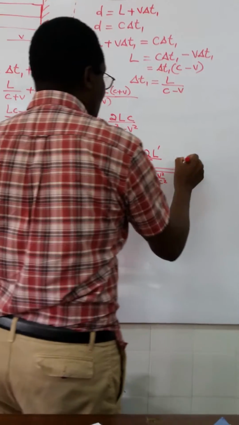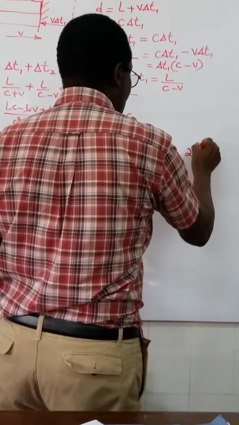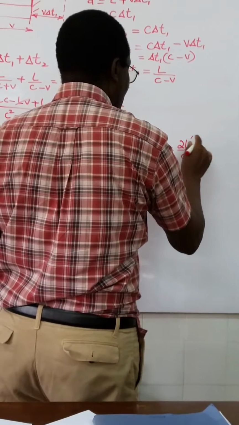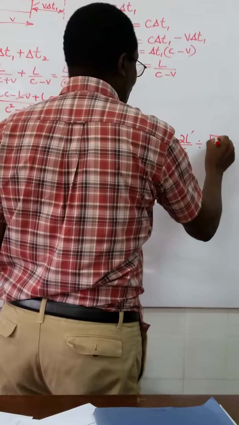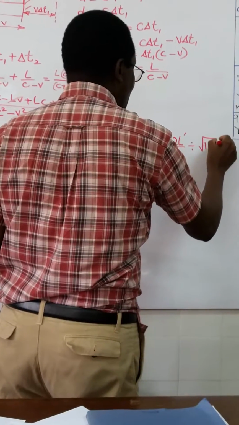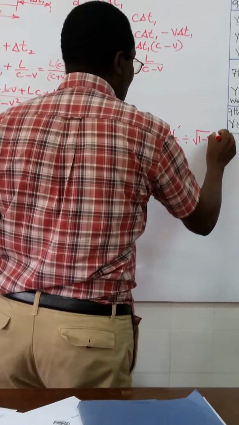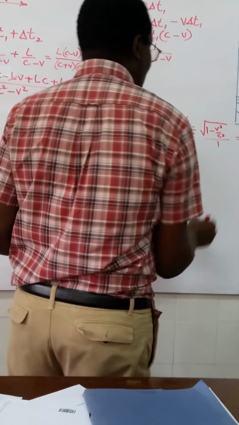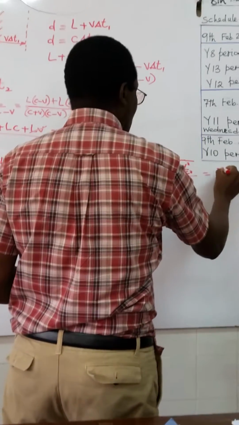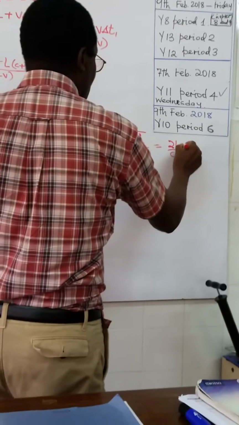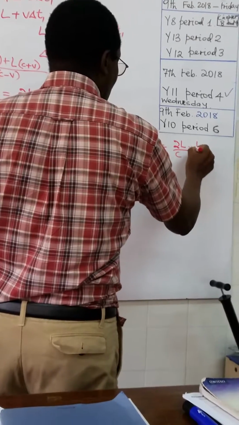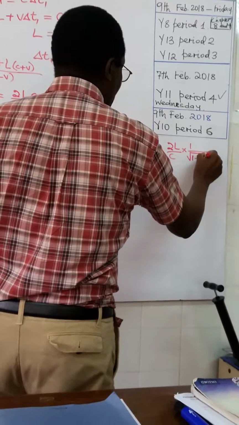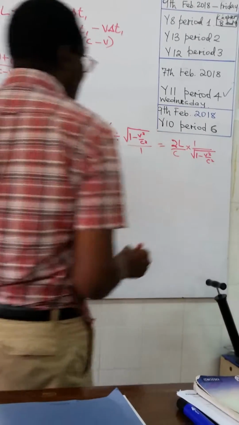This is just the same as 2L prime divided by root of 1 minus v squared over c squared over 1, which is the same as 2L over c times 1 over root of 1 minus v squared over c squared.